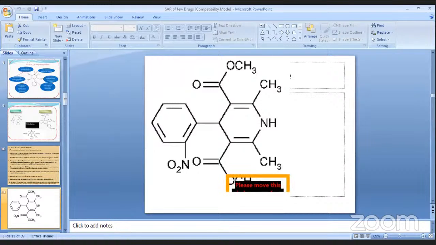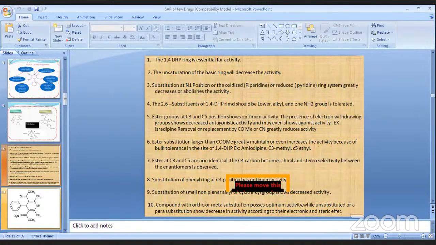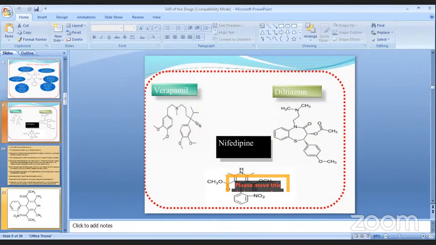Examples of these drugs are nifedipine, and diltiazem, another category which is a benzothiazepine derivative, and verapamil, which is a phenylalkylamine derivative. These are examples of some antihypertensive drugs.